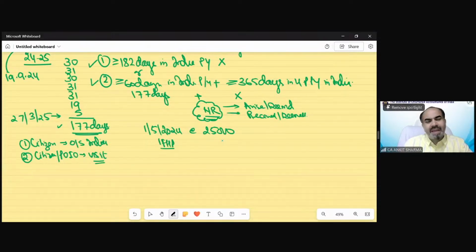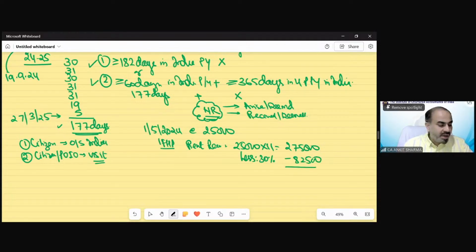We do not have any information given, so technically the rent value is going to be your GAV. That is 2,75,000. That would be your annual value. We need to deduct the 30% standard deduction. That would be 82,500.